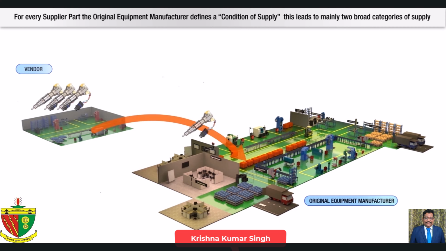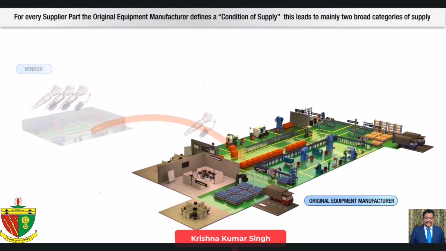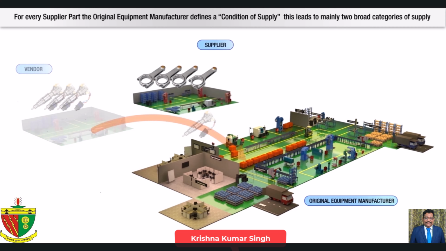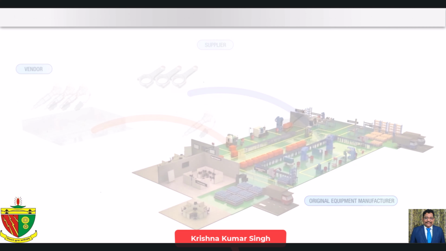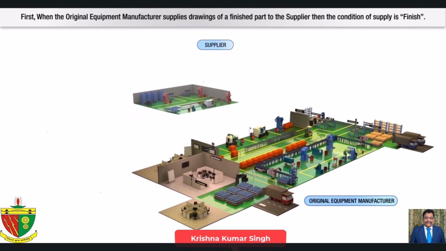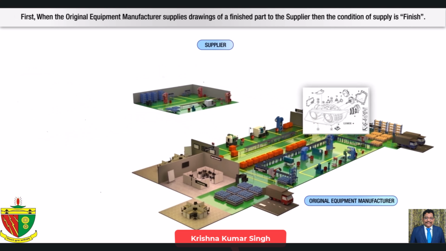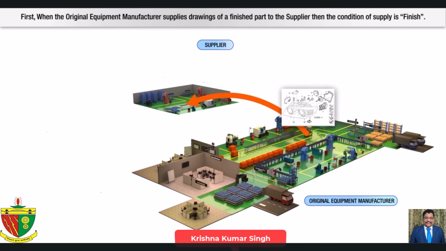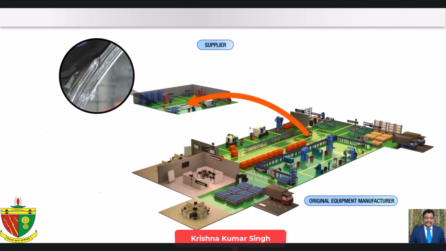For every supplier part, the original equipment manufacturer defines a condition of supply. This leads to mainly two broad categories of supply. First, when the original equipment manufacturer supplies drawings of a finished part to the supplier, then the condition of supply is finish.